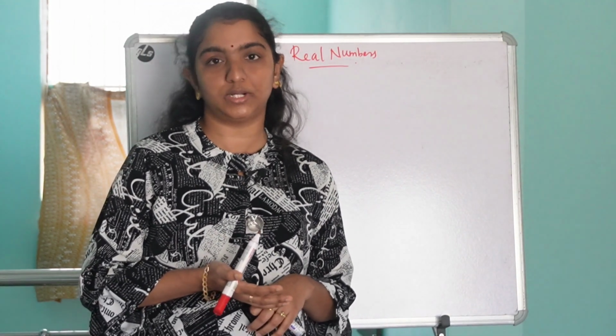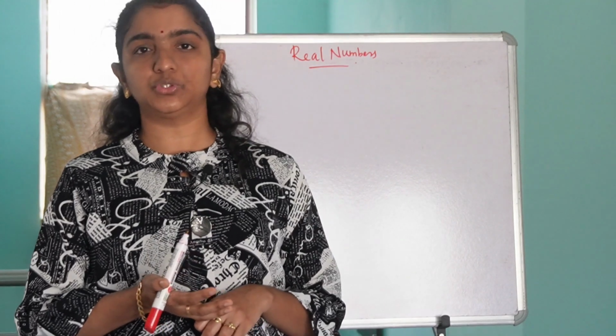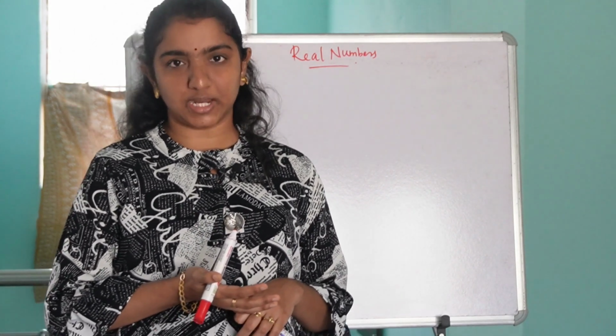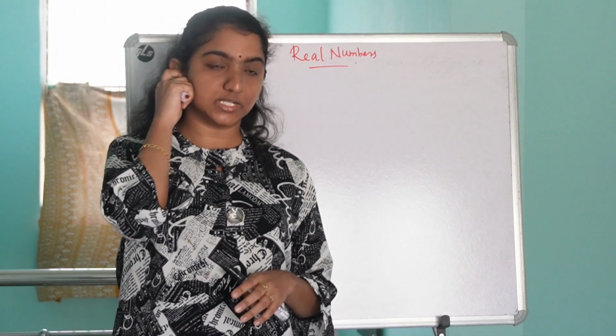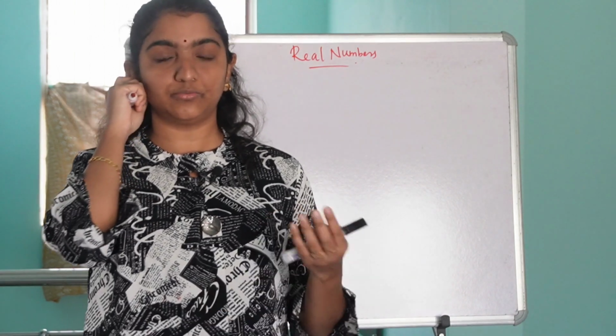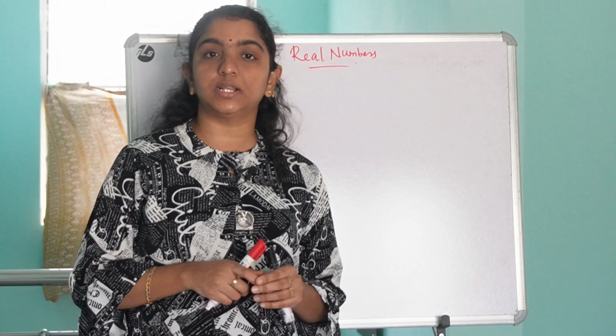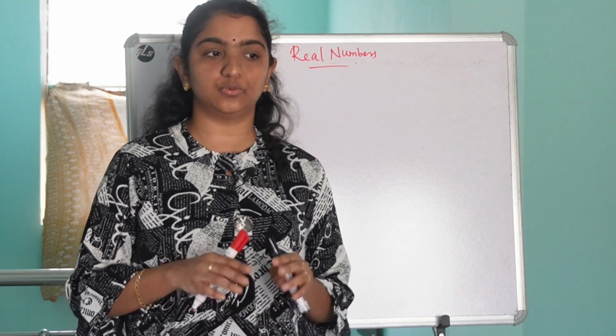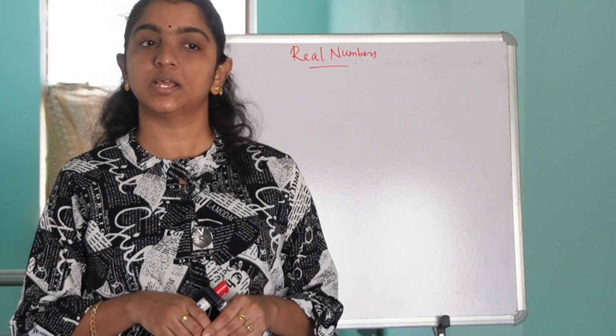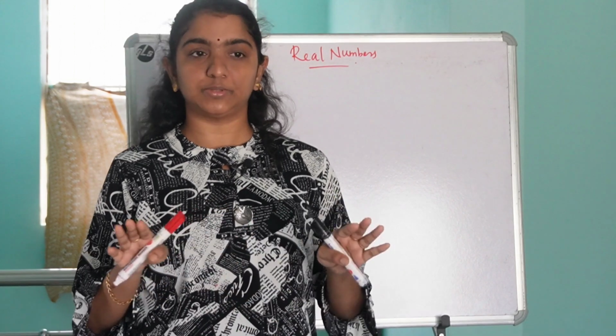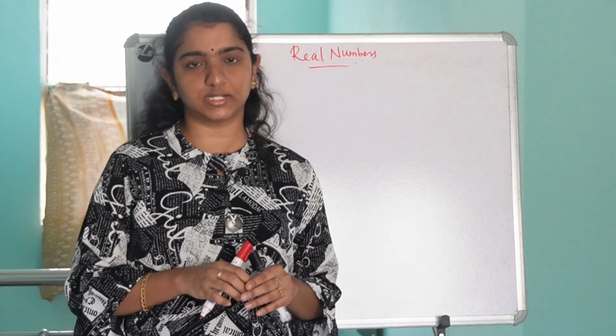So first we have to understand this, and then we have to deal with some of the major applications of these two properties. Once we are done with these two things, our chapter is over. Is it clear, guys?